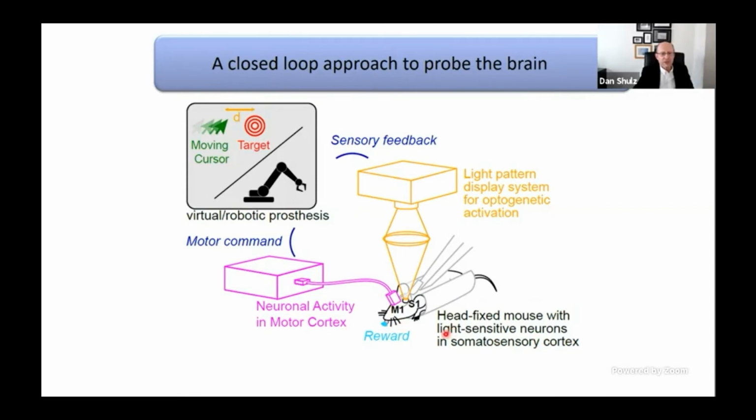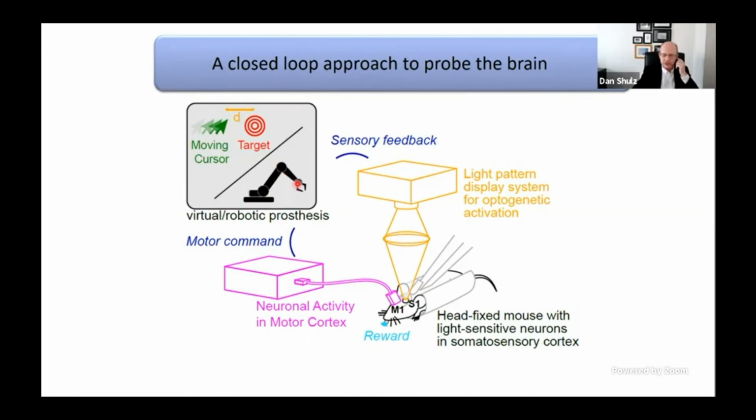So what we did is that we did chronic recordings in the primary motor cortex of mice. These mice were awake and they could get a water reward. With this neuronal activity in the motor cortex, we generated a motor command that can either control, for example, a cursor on a screen towards a given target, which is virtual, of course, or it can actually control a robotic prosthesis.